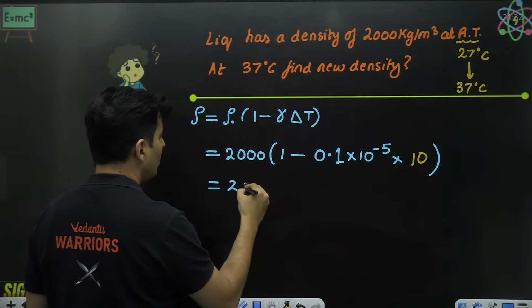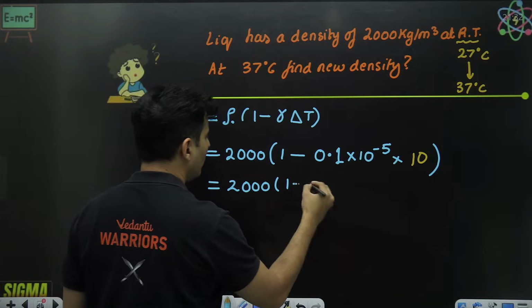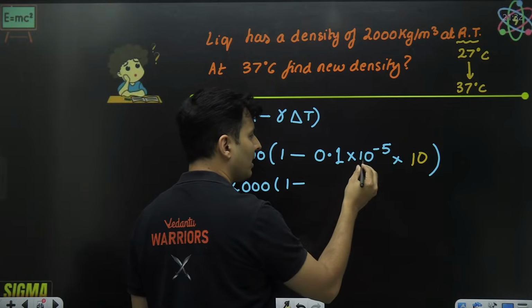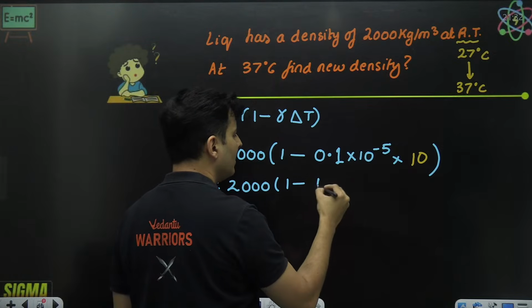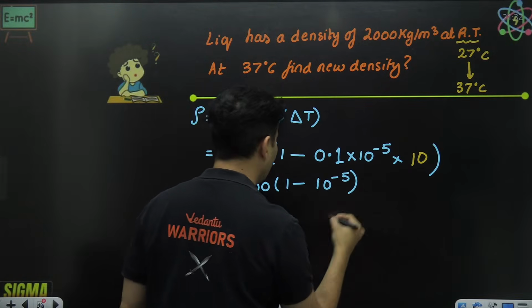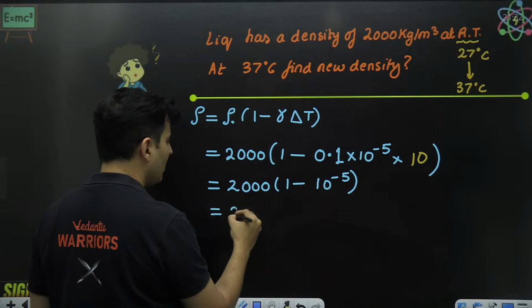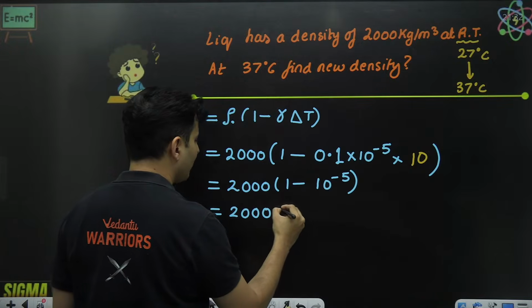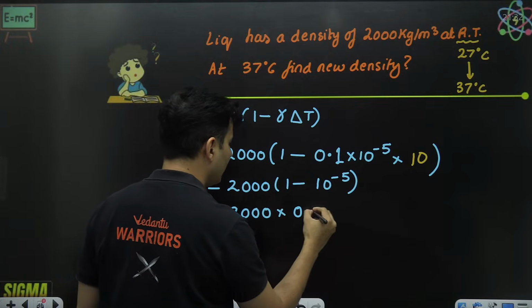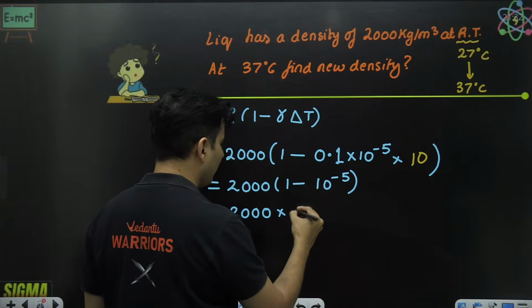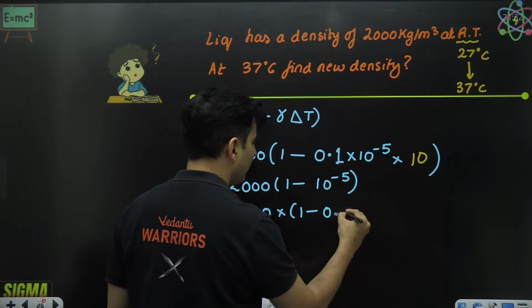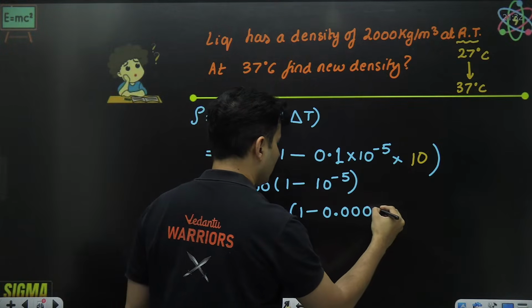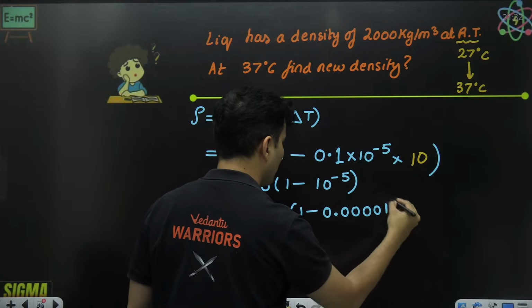So this will become 2000 into 1 minus, this is 10 to the power -6. Actually, this 10 will cancel, and this will just become 10 to the power -5, I believe. Think of it like this: 10 to the power -5 means 0.1234, four zeros, and then you have 1.